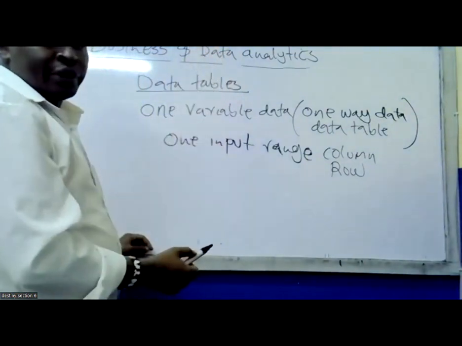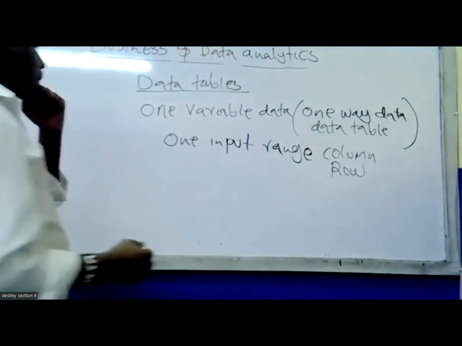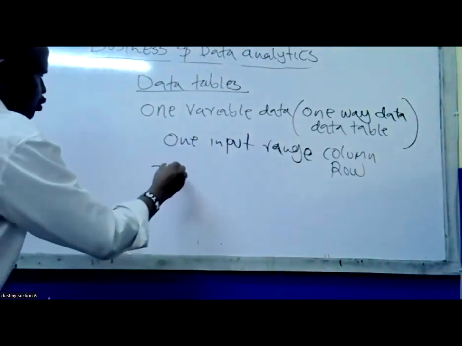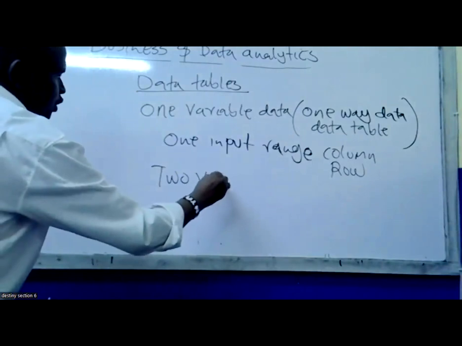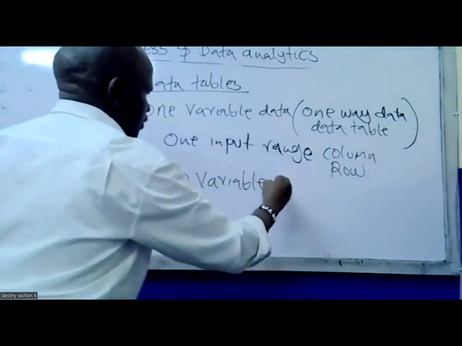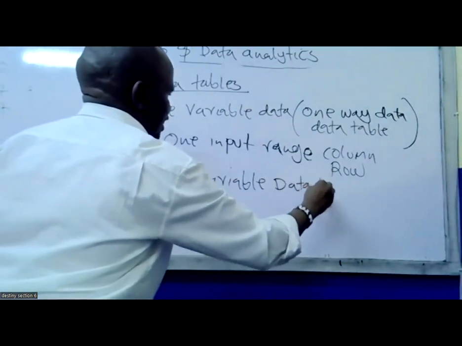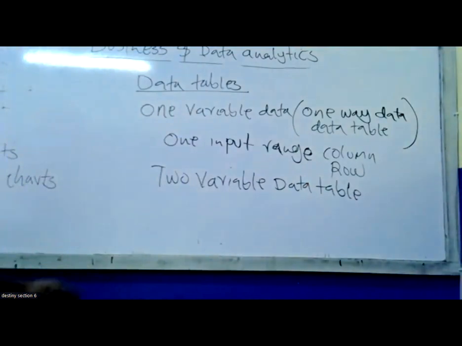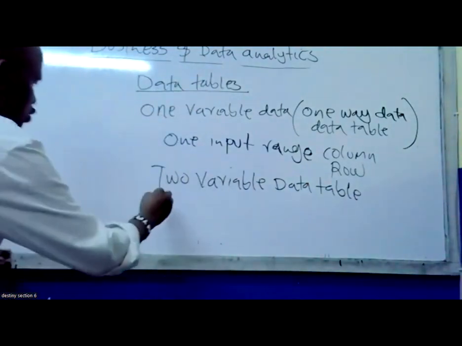It is one. And then, if we come to the two variable data table, or we can as well call it the two-way.